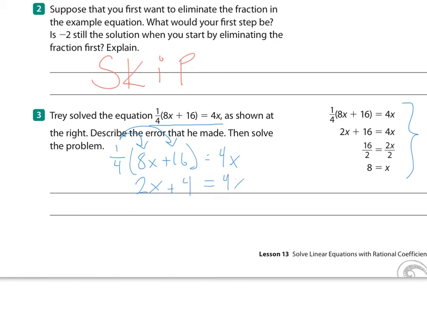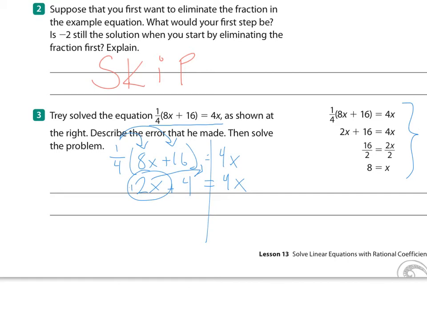All right, I didn't do anything with the right-hand side. It's just equal to 4x. Now we need to solve this. So we need to move all the variables to one side, all the numbers to the other side. I think it's good practice if we move this variable 2x over to the other side. When I move to the other side, we have to do the opposite.